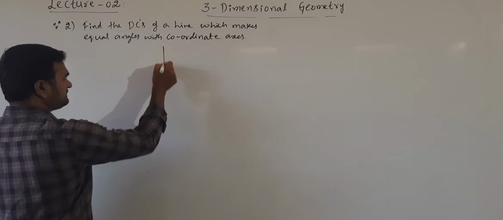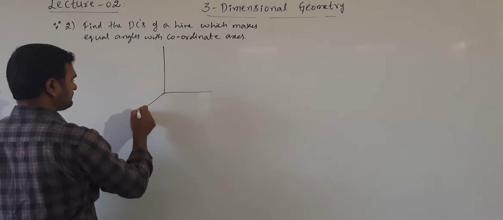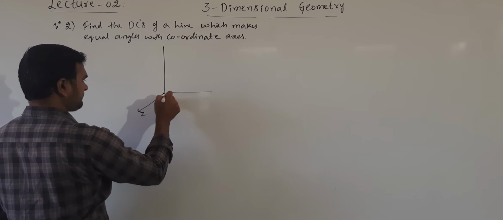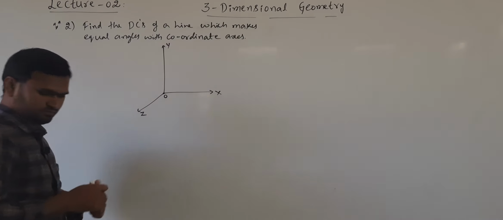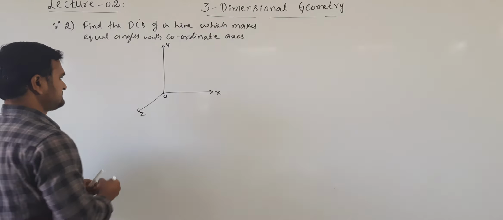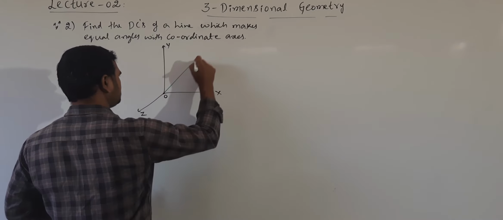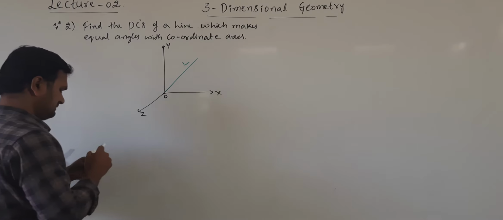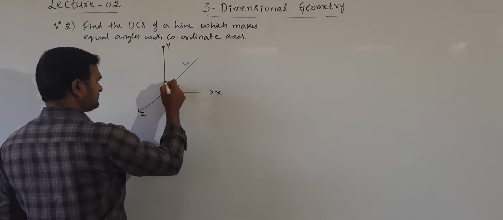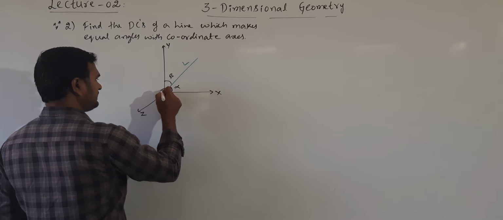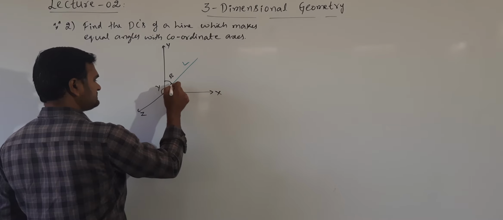Let's take the diagram again. Suppose the line is like this. It makes angles of alpha, beta and gamma with the coordinate axes. This is what we know.